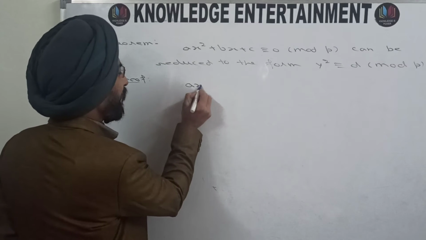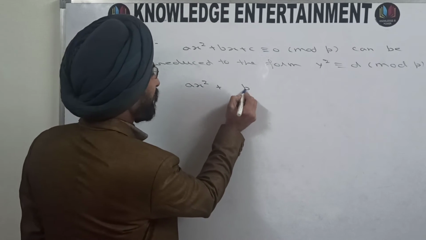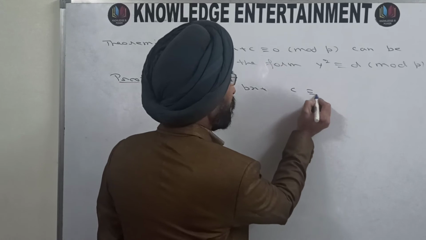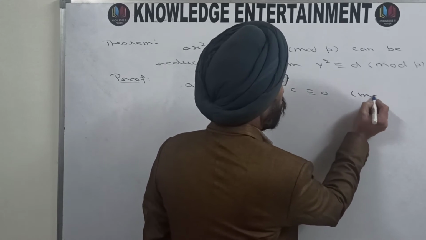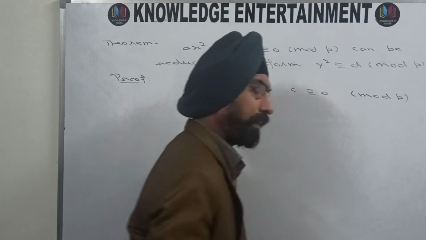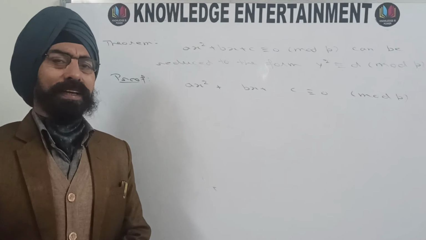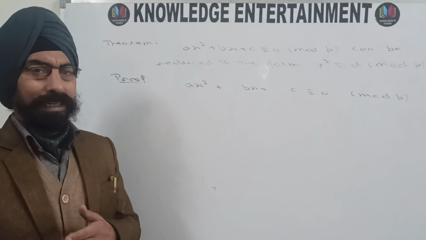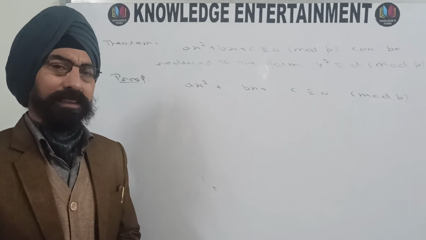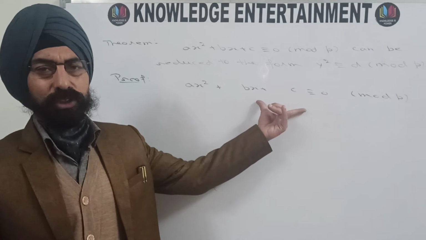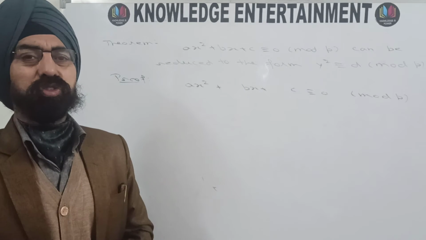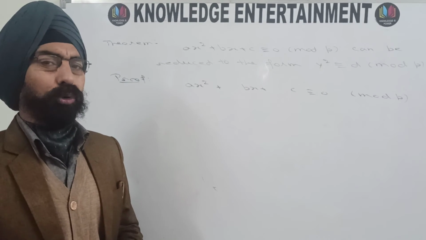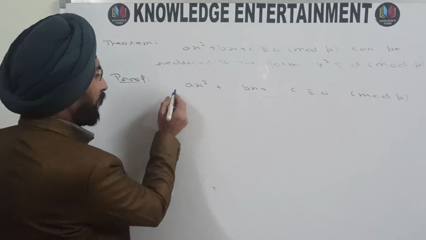We are given that ax square plus bx plus c is congruent to 0 modulo p. We know that if a is congruent to b, then ma is also congruent to mb. That means a congruence equation can be multiplied by a constant on both sides. So I am going to multiply this congruence equation on both sides by 4a. Multiplying both sides by 4a, what you are going to get?